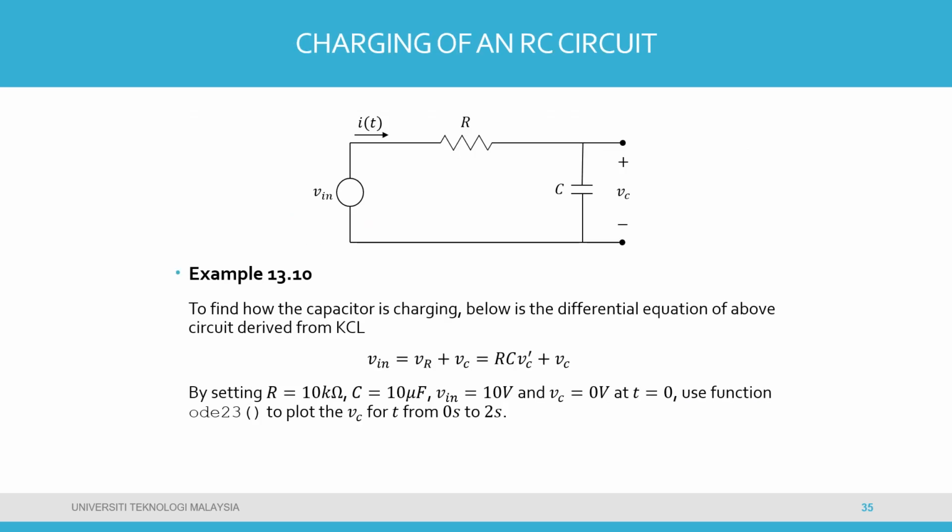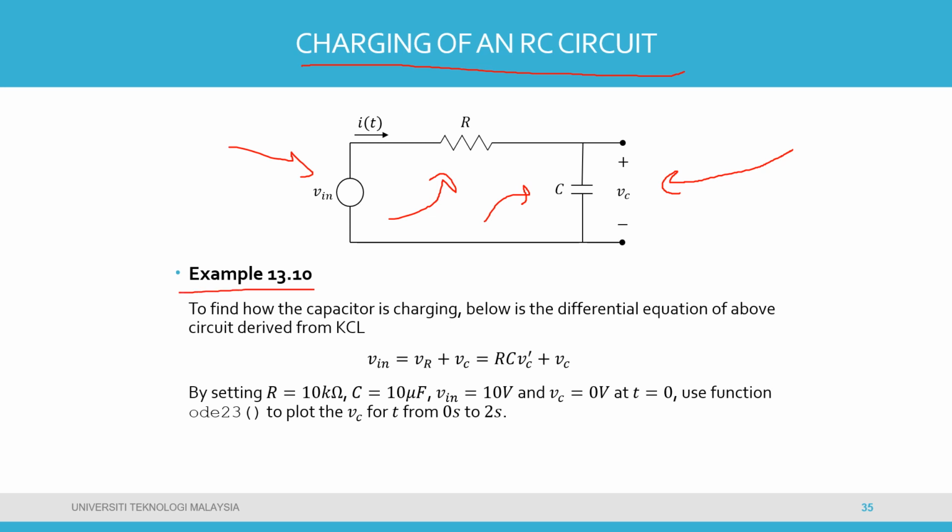Like I said before, a differential equation is very useful to represent a system. In this case, it is representing the charging of an RC circuit. You have a source here, a resistor and a capacitor. You want to see the voltage across the capacitor when it is charging.